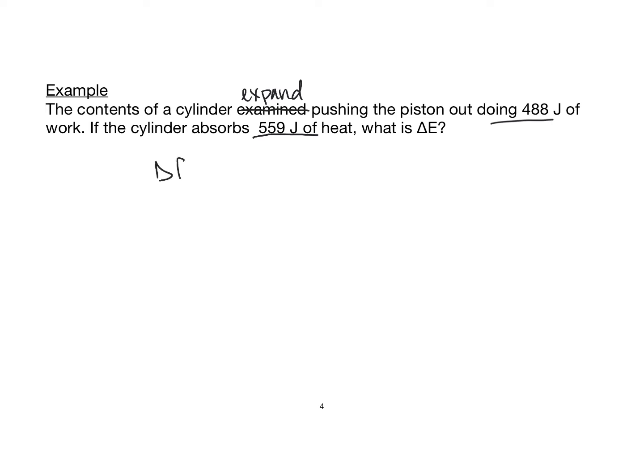So delta E equals Q plus W. Feel free to look back at your previous slide for that table. And so if we think about Q, the heat is going to be 559 joules and the work is 488 joules. So this says that the piston does work.